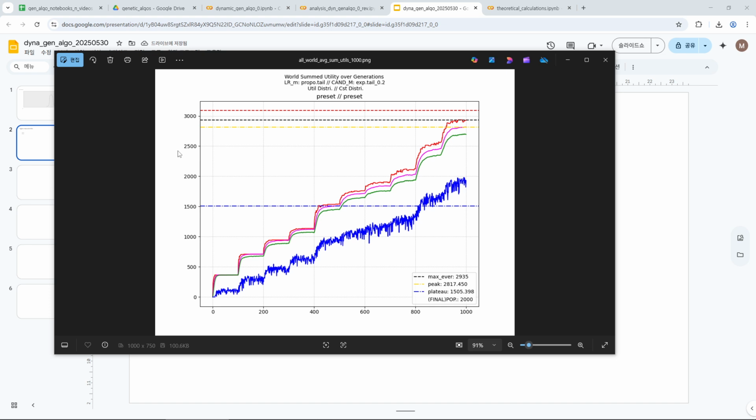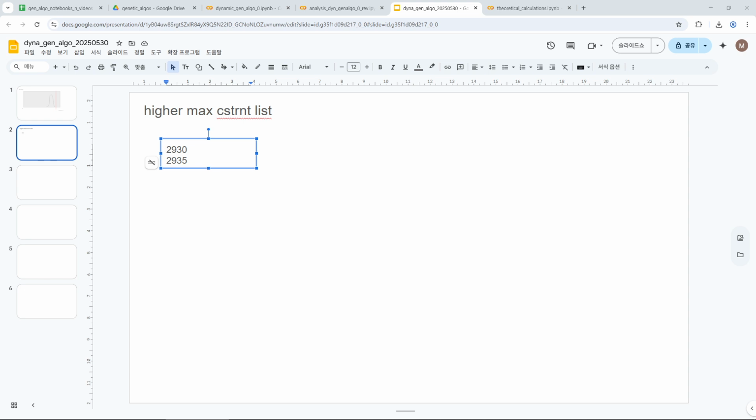And in the next one, it's the same thing. And what changed? In the very next one, the only thing that changed here was the number of generations.